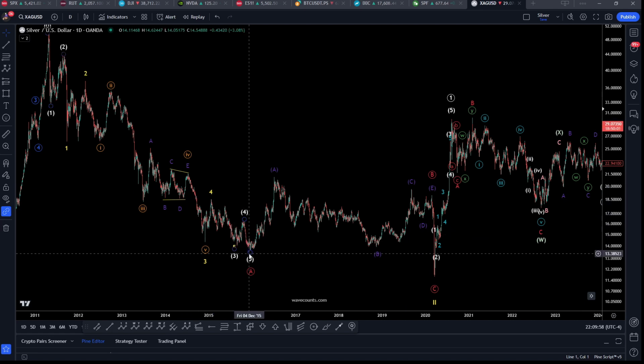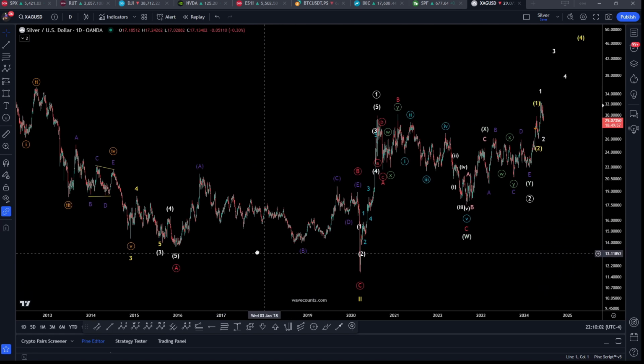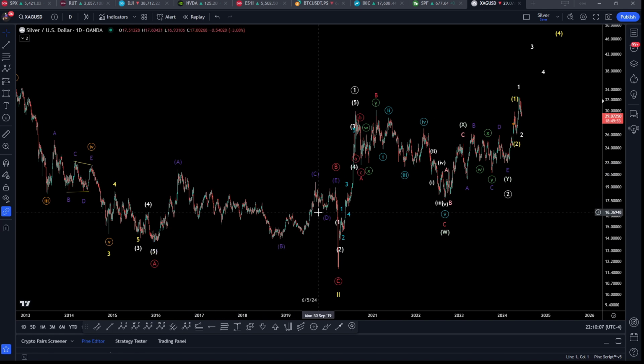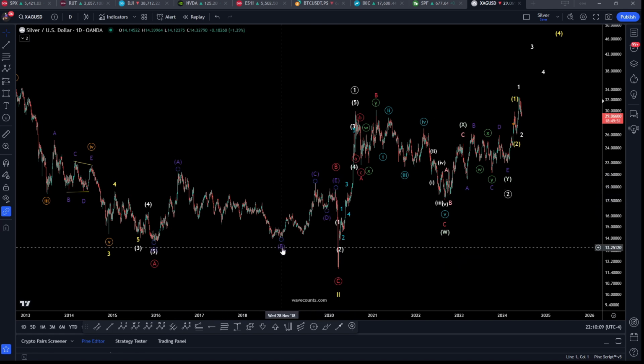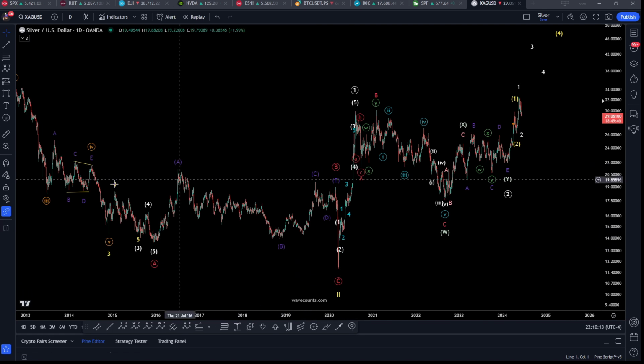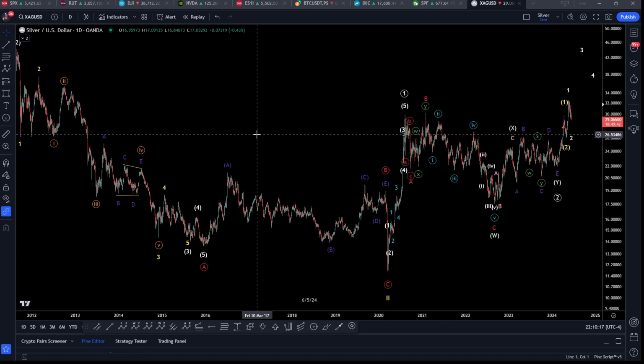And then your last little 5. So you got a nice impulse there for the A, followed by a triangle B wave. This is another type of triangle. This is just a contracting triangle. A, B, C, D, E, complex B wave. The rest of them are zigzags. Right? What the book also tells us is the price action following the triangle.